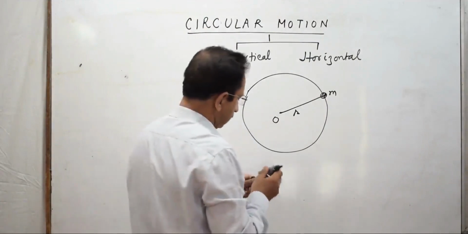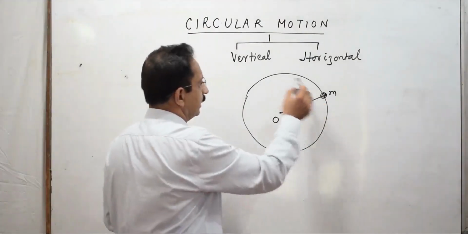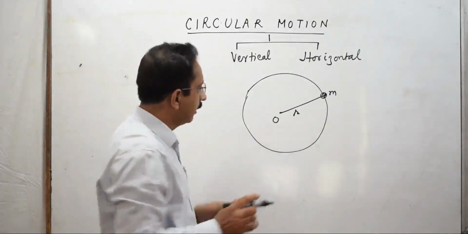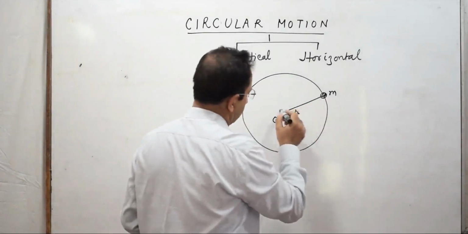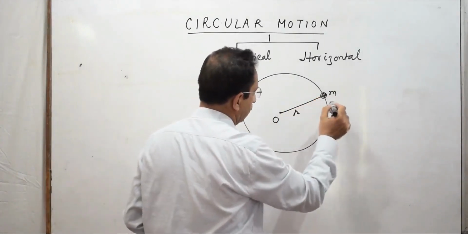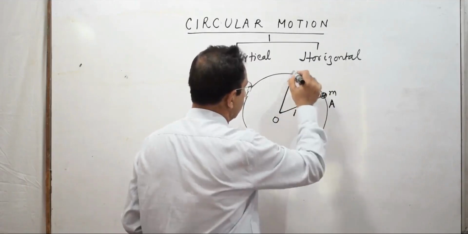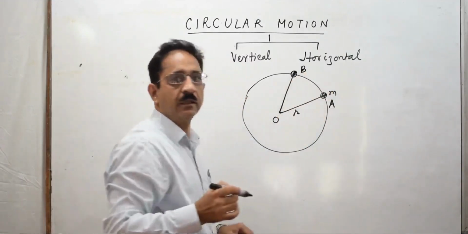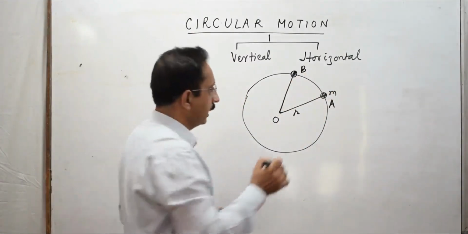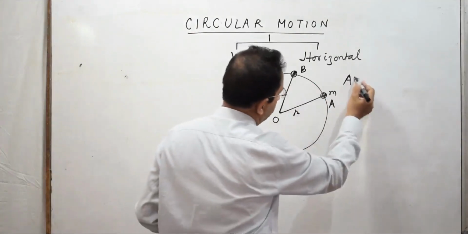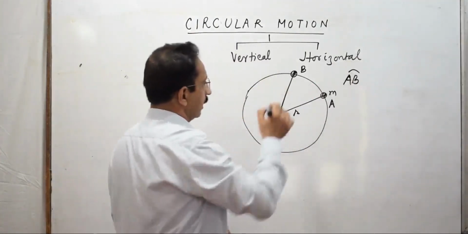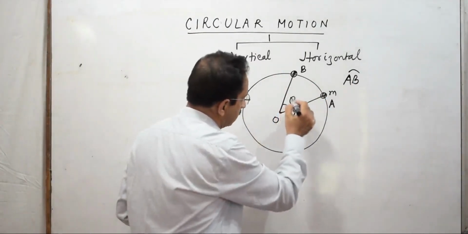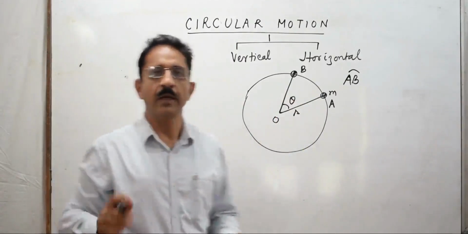अब इस path की जब हम बात करते हैं, there are two ways of describing the position of the object. एक तरीका यह है कि हम object को with respect to center अगर हम देखते हैं, say it is at a position A, then it goes to a position B, and it traverses a certain path which is an arc, and that arc I may call arc AB. और as it went from point A to point B, इसने center पर एक angle describe किया, let that angle be called angle theta.